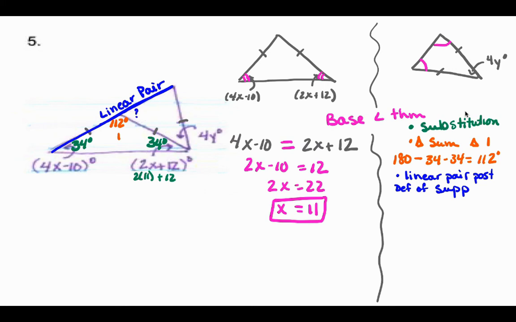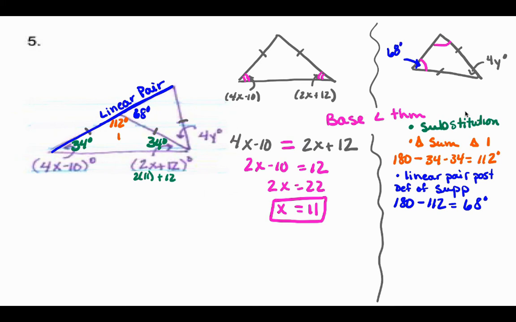So linear pair gives us supplementary angles. Supplementary has a sum of 180. 180 minus 112 gives us 68 degrees. And so we have a 68-degree angle in our triangle.